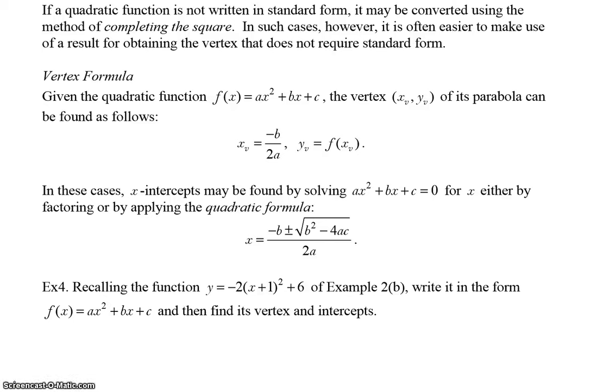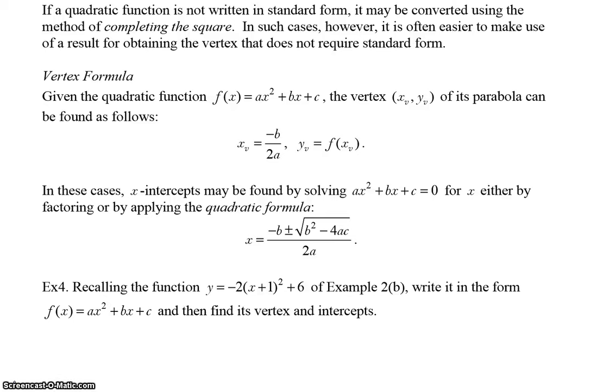The method we're going to use is to rely on what's called the vertex formula, which is a very simple result and easy to apply. The vertex formula says the following: given the quadratic function f(x) equals ax^2 + bx + c. Notice that is not the standard form. That's more what we might call the general form that we gave at the very beginning of the notes. The vertex (x_v, y_v) of its parabola can be found as follows.